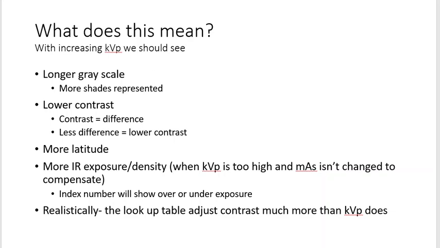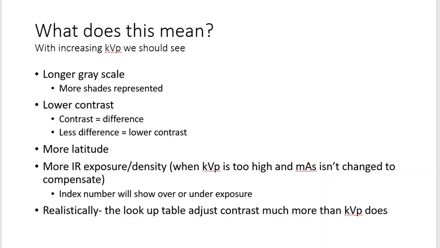So in a high kVp technique where you penetrate a lot of tissue types and you get a longer grayscale, we refer to that as more latitude or higher latitude. As kVp goes up, it gives us a greater exposure to the image receptor. Previously we called that density, and you may hear us refer to it as density once in a while.